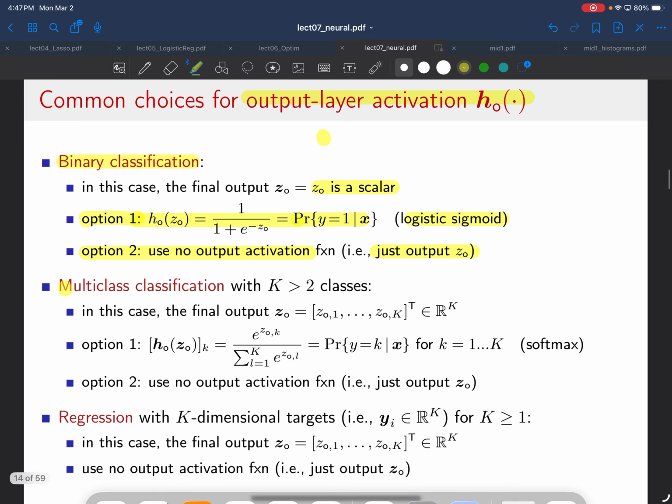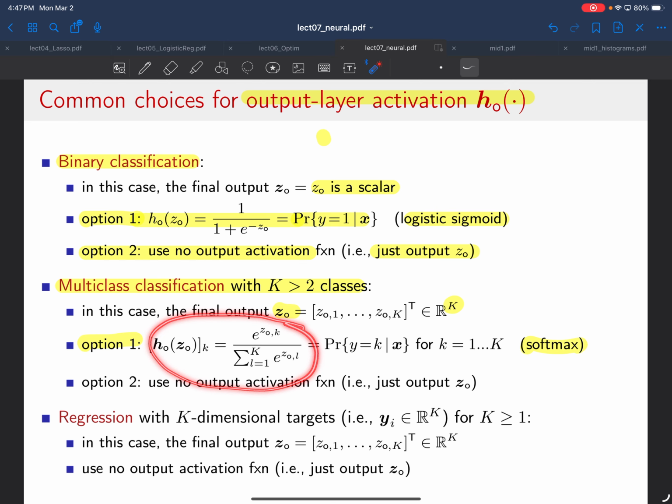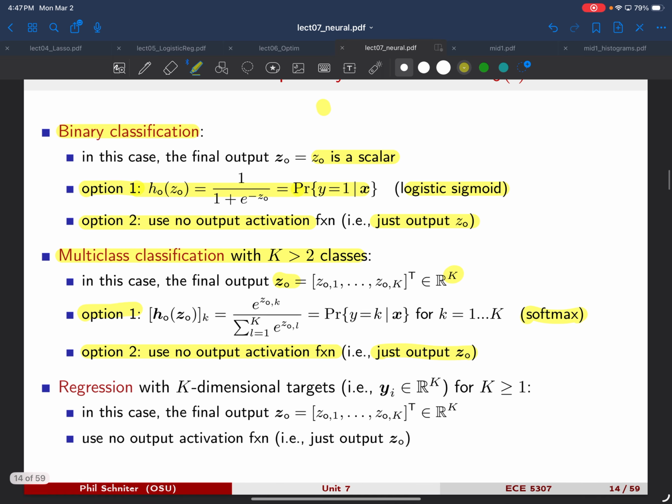Okay, so now let's say we're doing multi-class classification with more than 2 classes. The way we set this up is our final output is going to be a vector of dimension k, the number of classes. One option is to use the softmax function, which is the same thing that we saw when talking about multinomial logistic regression. So it's basically like a multidimensional sigmoid. The other option is to use no output activation, and just output the vector ZO.